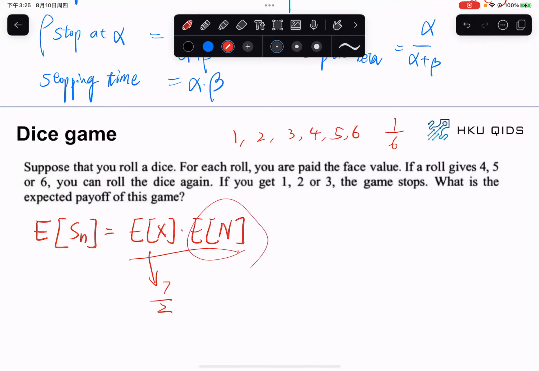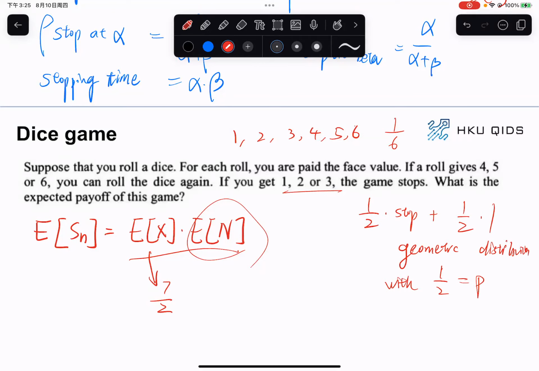And what's the expected number of N? So for the stopping rule, if I get 1, 2, 3, the game stops. Otherwise, I continue. So I have 1/2 probability to stop plus 1/2 probability to continue, right? So it is just a geometric distribution with 1/2 probability.